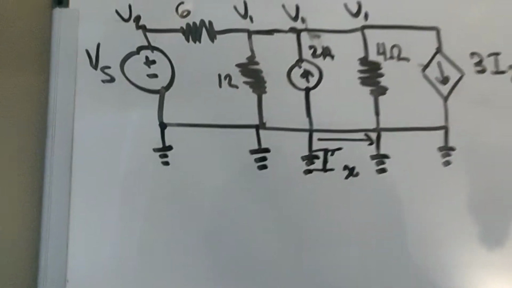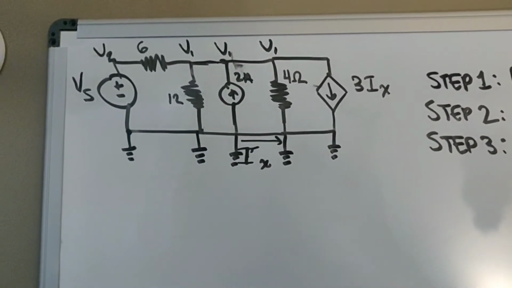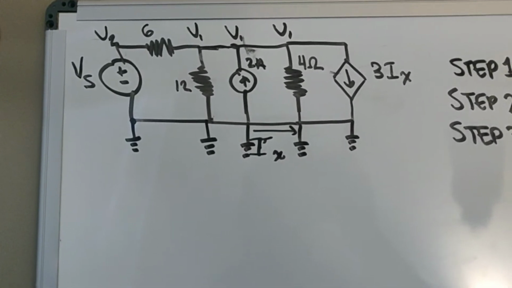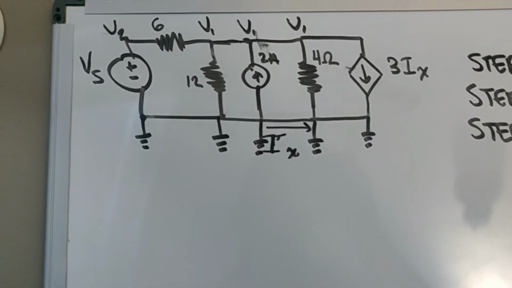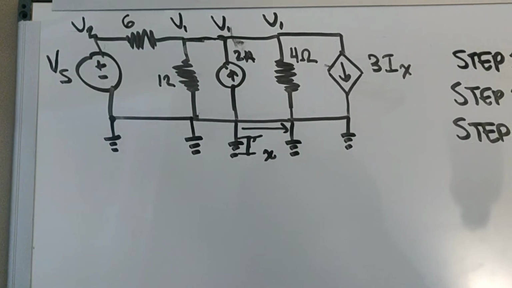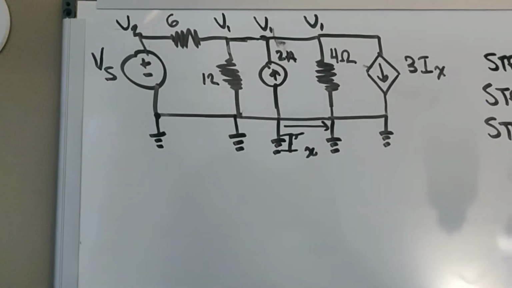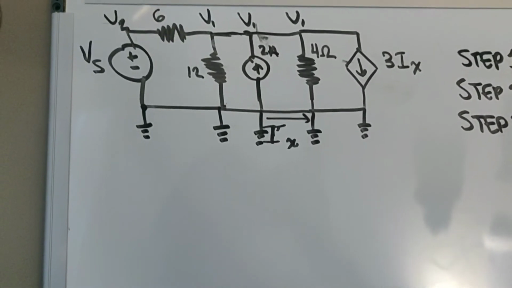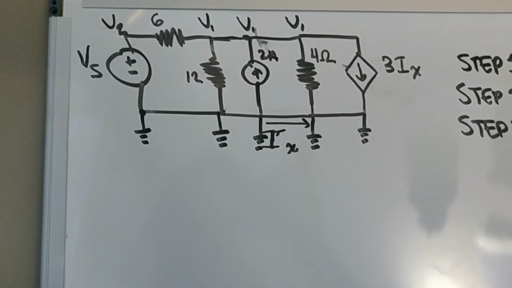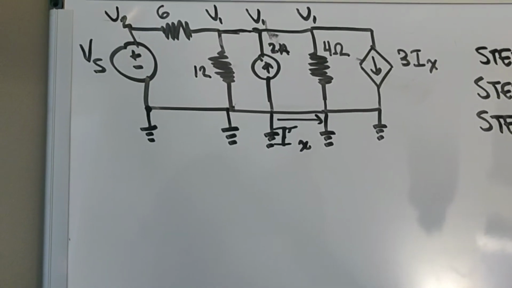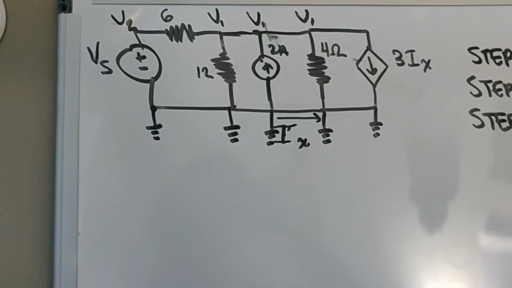So now that I have everything identified, I'm going to start writing my KCL equations. If you don't know what KCL is, then I suggest that you do some reading, because in this video I'm not going to explain what KCL is. I'll explain how I formulated the equations, but I'm not going to explain anything behind the KCL methods.